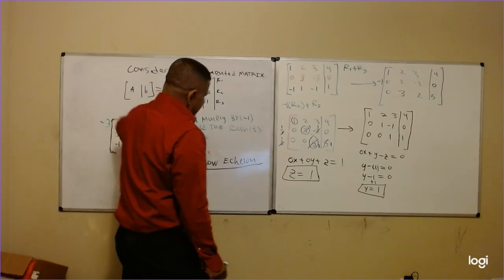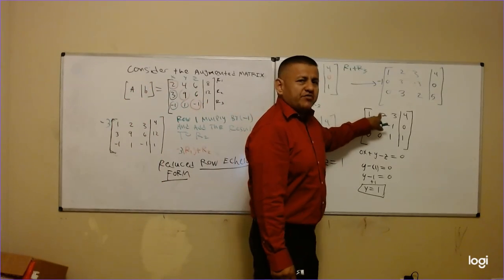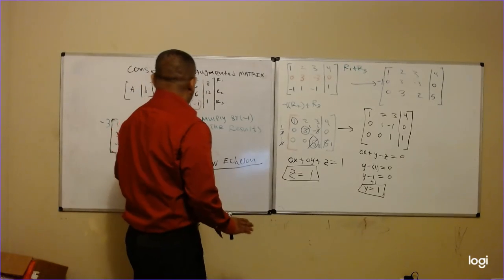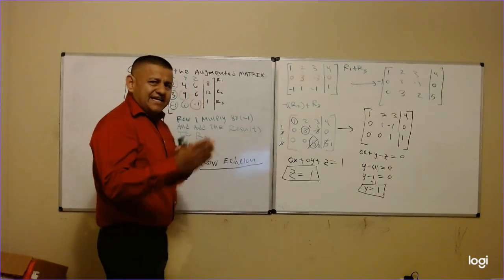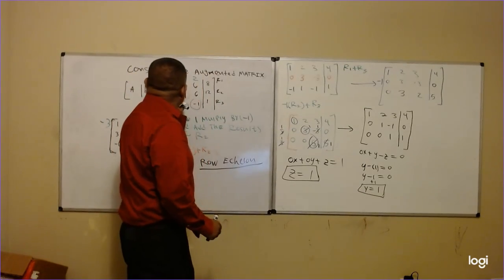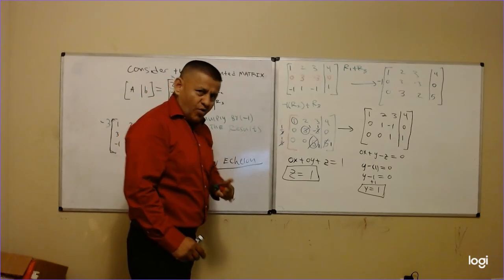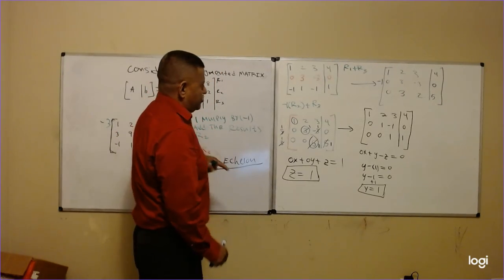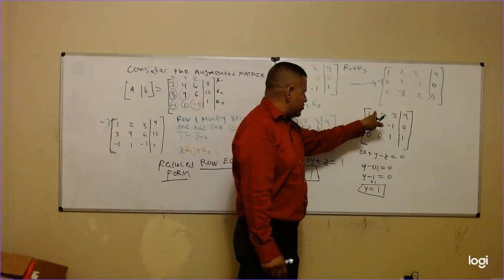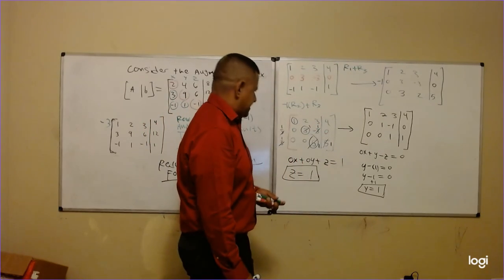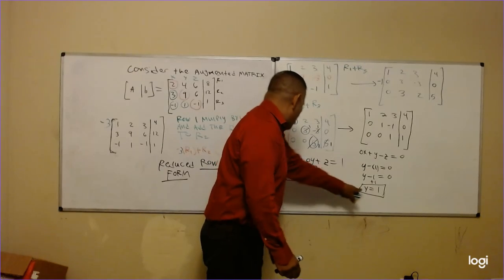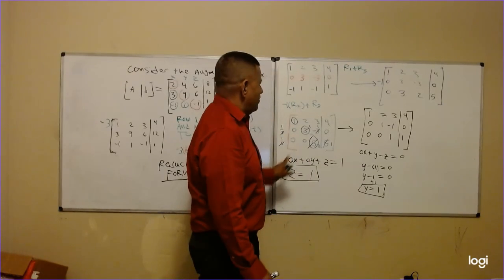Whether I use this or this, because I reduced it, I am going to get the same thing. All I did with equation number 1 was transform it by dividing by 1. Now I have the values of y and z, and I need to solve for x.